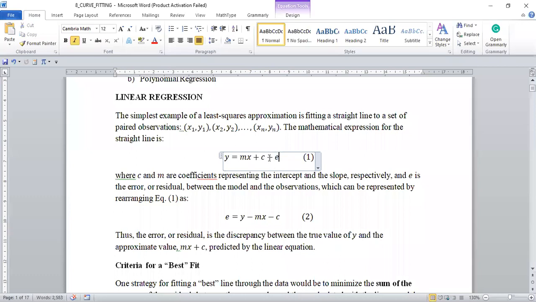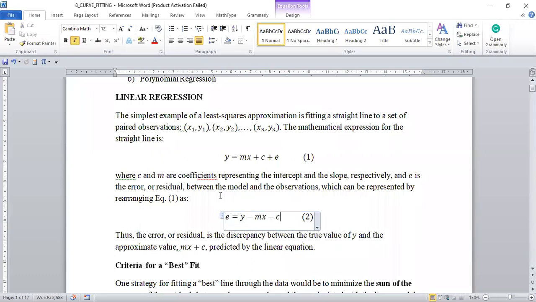So we introduce this e term, the error or residual that remains when fitting this straight line to your set of data points. Making the error the subject of the formula, you arrive at this equation.